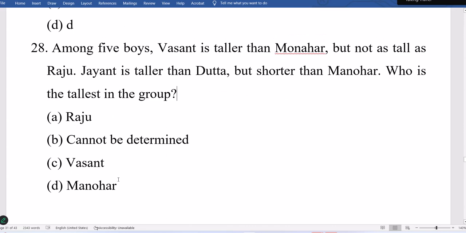Among five boys, Vasanti is taller than Manohar, but not as tall as Raju. Jayanti is taller than Duta, but shorter than Manohar. Vasanti is taller than Manohar, but not as tall as Raju, means Raju is the tallest. So the tallest among all is Raju.